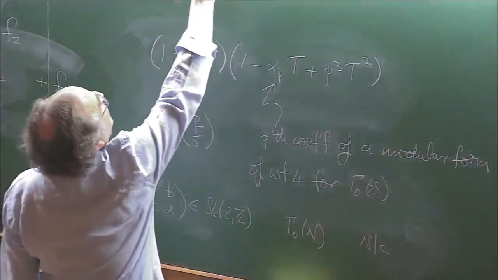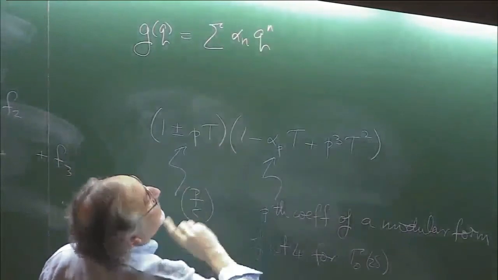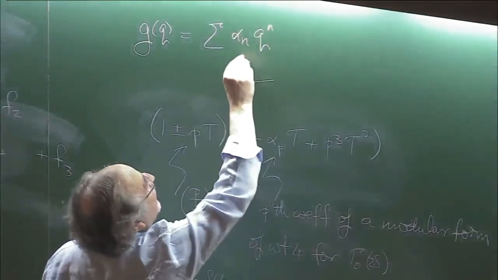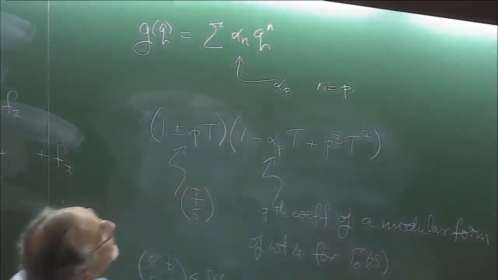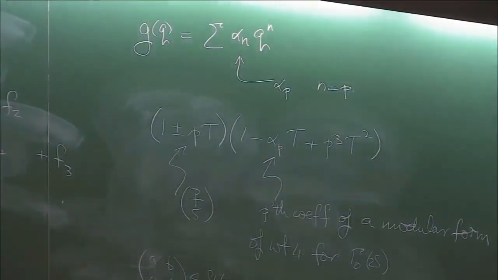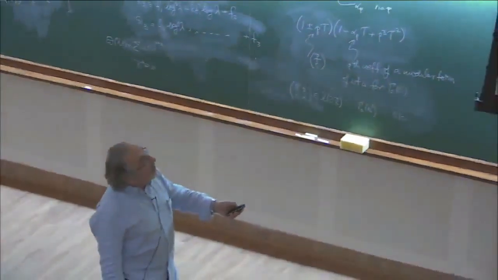It has an expansion. You look at the pth term in that expansion, and that gives you the number that occurs here.